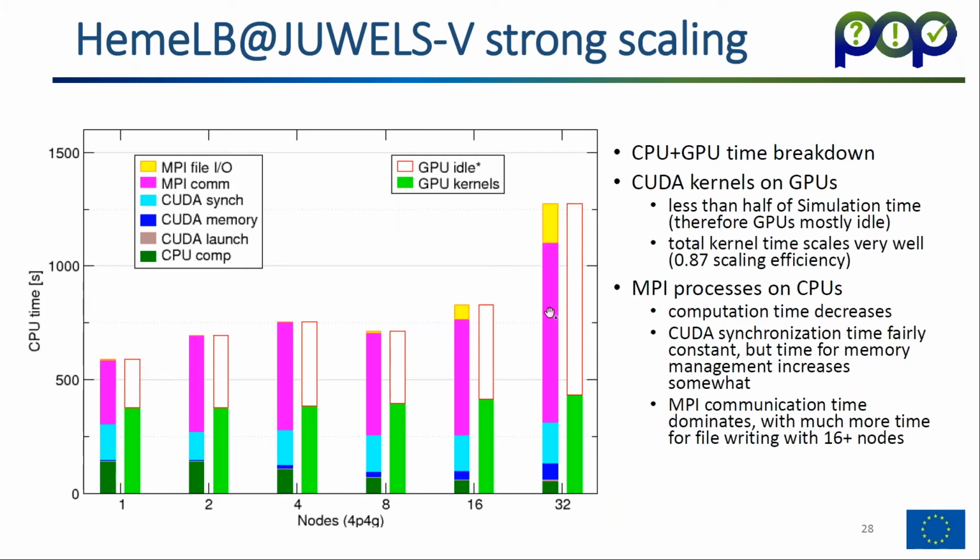There's more time for communication, more time for synchronization, and also more time for file I/O. So all of those are negative impacts in terms of how we can keep the GPUs effectively used throughout the computation in these cases. So all of these factors come into play, and we can break them down and figure out which are the ones that we need to focus on to improve performance.